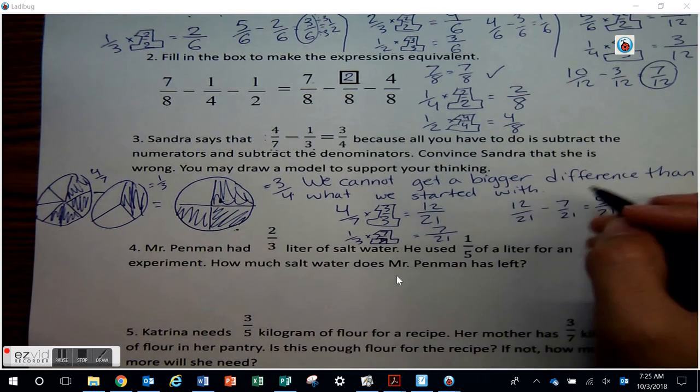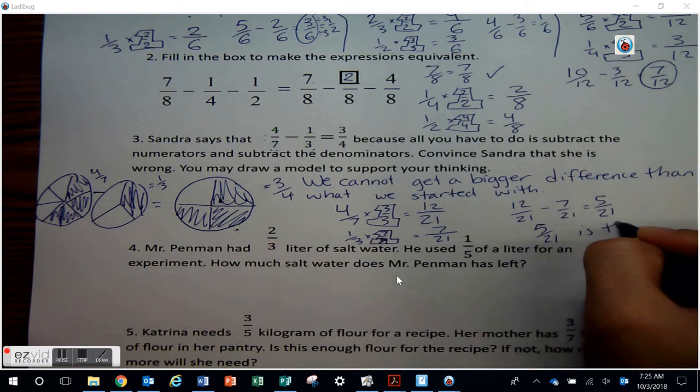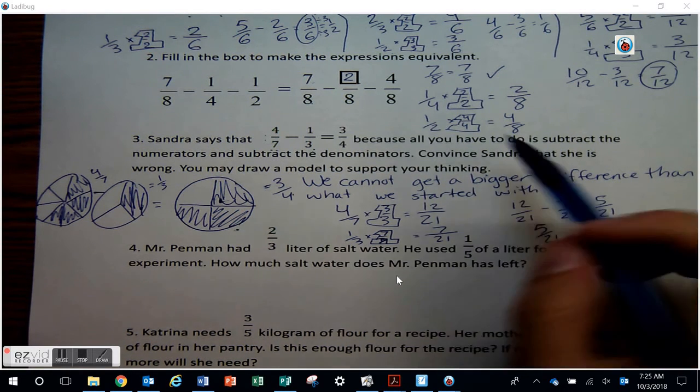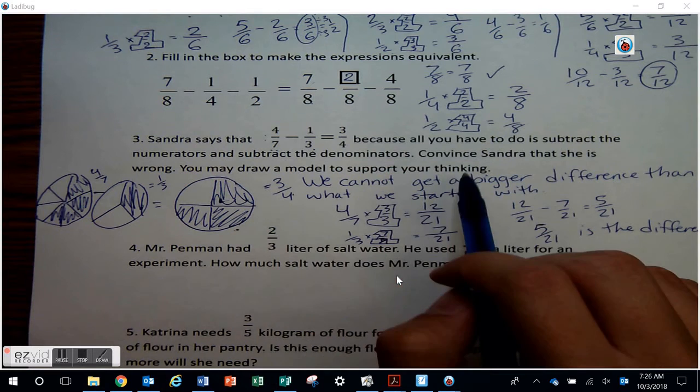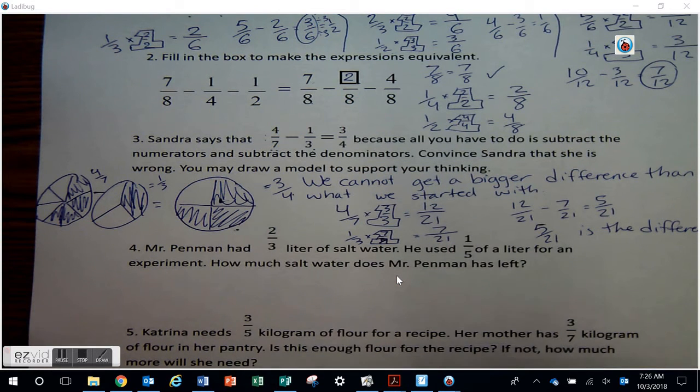Okay? 5 21sts is the difference. Did I answer the question? Convince her that she's wrong. You may draw a model to support your thinking.